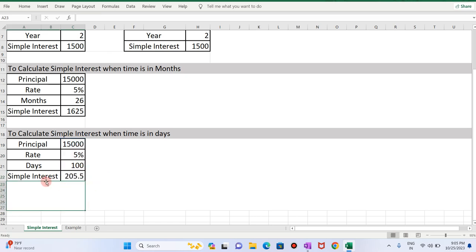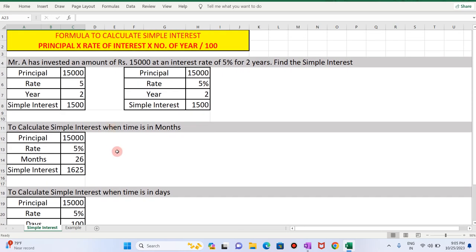So the simple interest for 100 days at 5% interest on the principal amount 15,000 is 205 rupees point 5. Okay, so this is the variation in simple interest. I hope you have understood how we have calculated this example of simple interest in the Excel sheet.